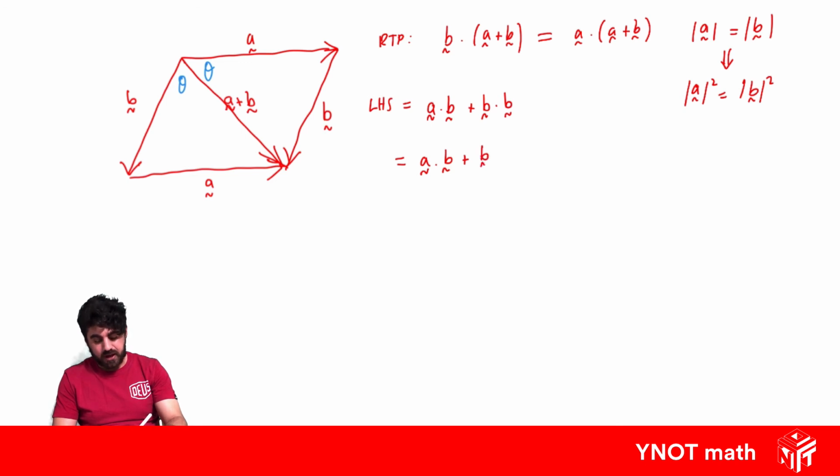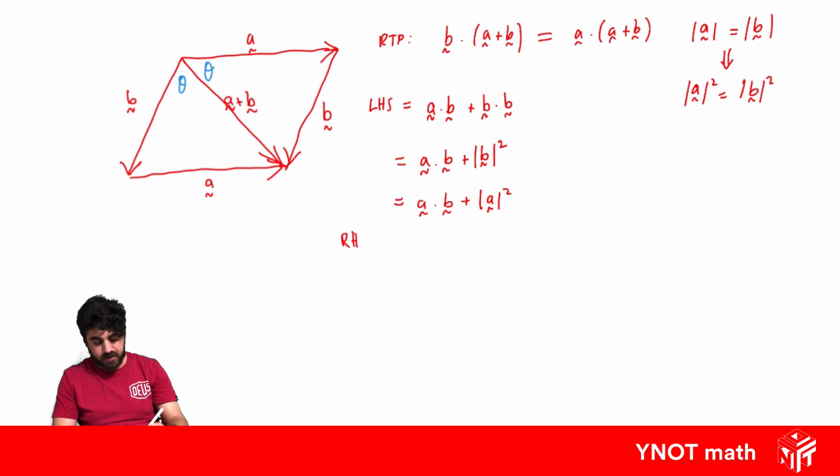It's the same thing as the magnitude squared of that vector. And then we also have the property, because this is a rhombus, that the magnitude of B squared is the same thing as A squared.